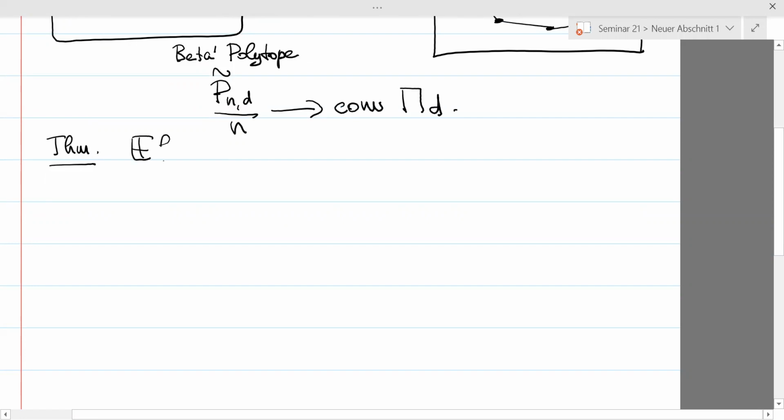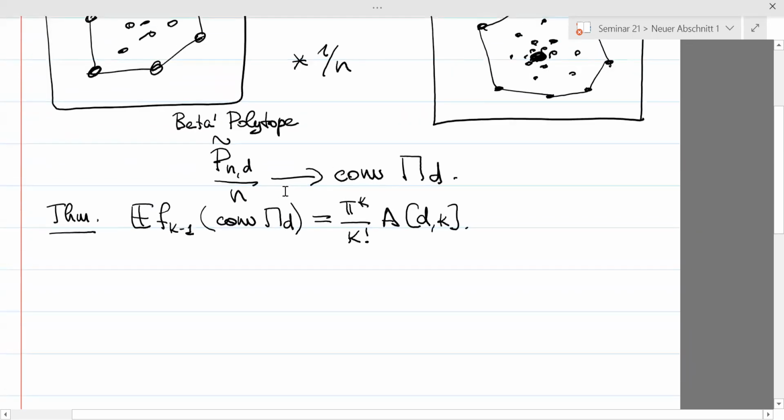The expected number of k-1 dimensional faces of the convex hull of the Poisson process is given by pi to the power k divided by k factorial times the same number a d k. So it is given by the same formula, but we have here k-1 dimensional faces instead of d minus k dimensional faces. Now, why is this so? This is because both polytopes are dual. Maybe I will explain it a little bit later.